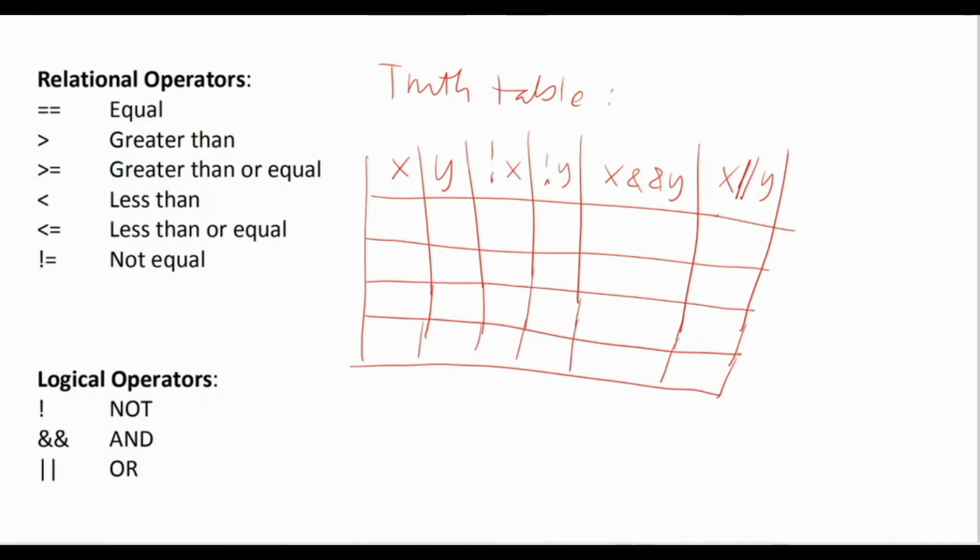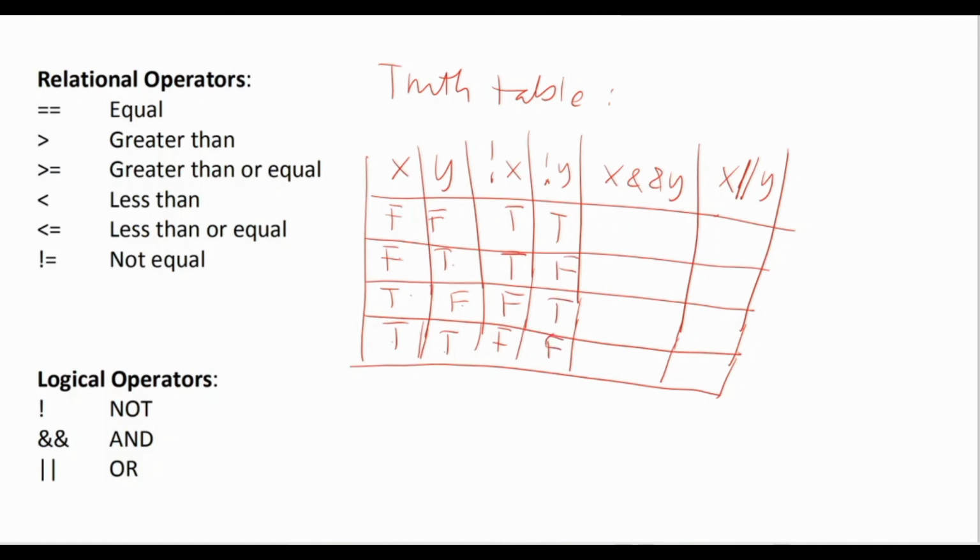So say this is false, false, false, true, true, false, true, and true. So not x, you are going to reverse this. Not x of false is true, not x of false is true, not x of true is false, not x of true is false. Not y: this is false, so this is true. True becomes false, and false becomes true, and true becomes false.